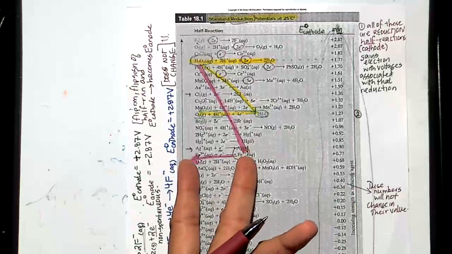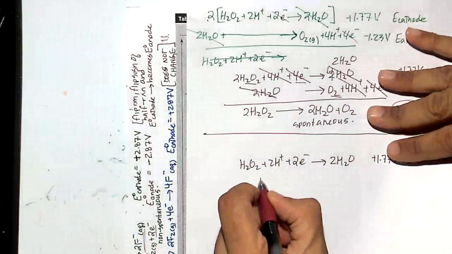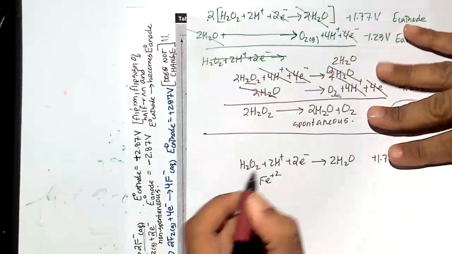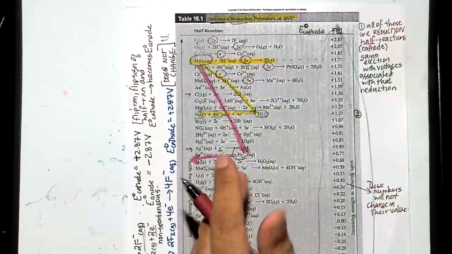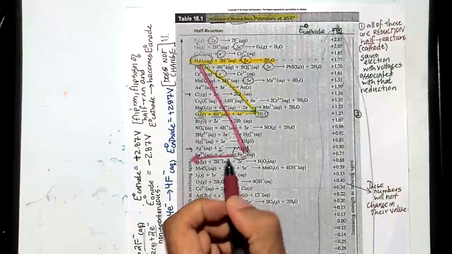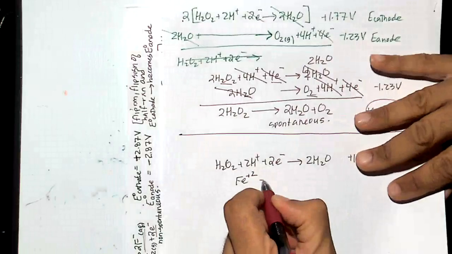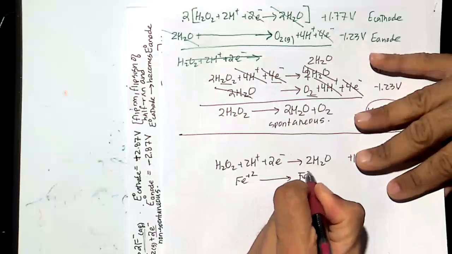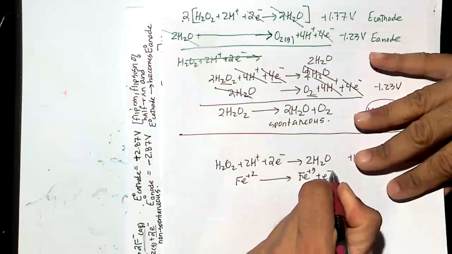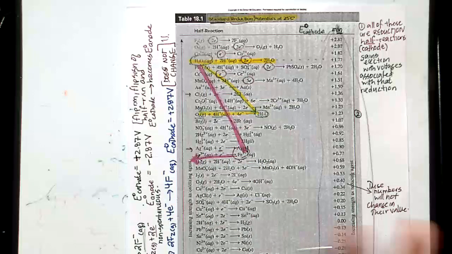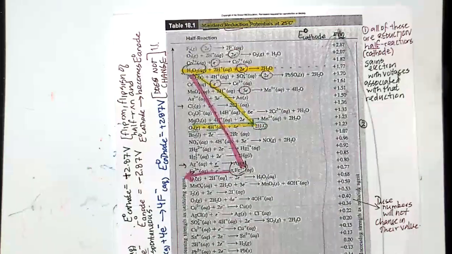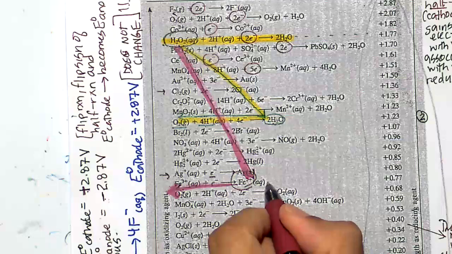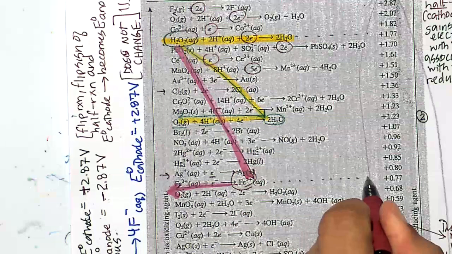Okay, does it flip this? If it flips it, it's Fe plus 2. We flip it, goes to Fe plus 3 plus an electron. Because this has flipped, what do we do with this voltage?